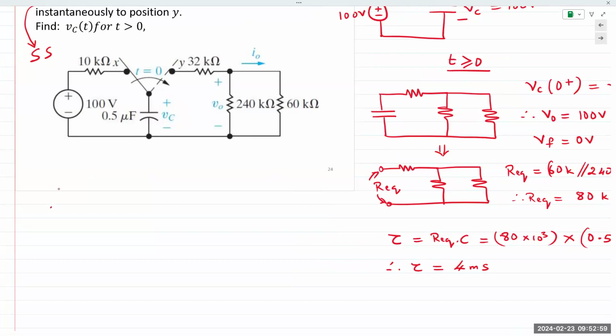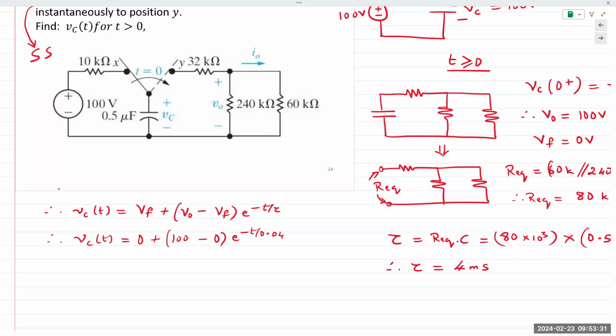And finally, I can write down the expression for capacitor voltage Vc of t as Vf plus V0 minus Vf times e raised to minus t over tau. You plug in the values. Vc of t, final value is 0, 100 minus 0, e raised to minus t over 0.04.